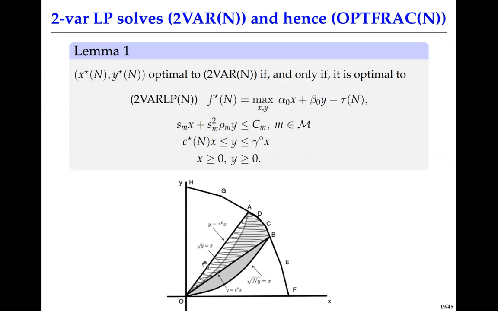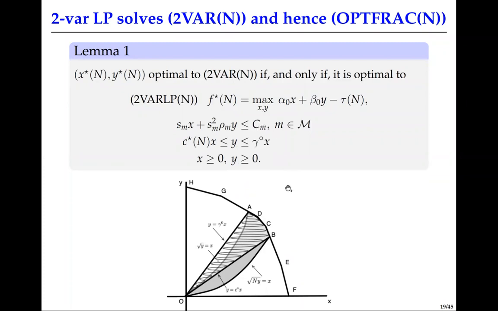In other words, we know the equation of this line that connects this point to the origin, and we also know the equation of the line that connects this point to the origin. In particular, that equation is y equal to c star x, and this is y equal to gamma 0 x. And that's why I was able to replace those inequality constraints with these linear constraints. And that is why that problem 2Rn is in fact equivalent to this linear program.